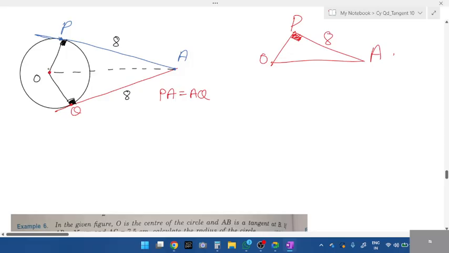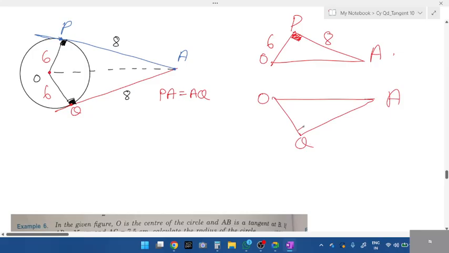Imagine the radius is 6, not chord, radius, students. Radius is equal to 6 centimeters. What is the value of OA? Then how will you find OA? Pythagoras theorem. The second triangle, I'll write it like this. Look here, second triangle.